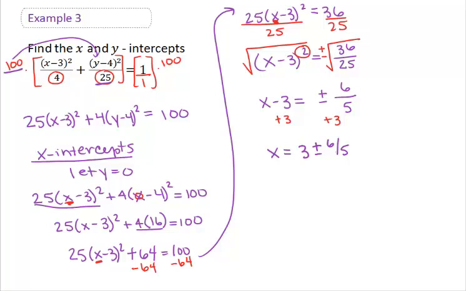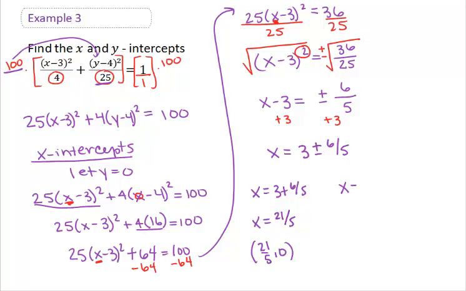Since both of these are rational numbers, meaning whole numbers and fractions, we can actually go further. We have the version of 3 plus 6 fifths, creating a common denominator and adding those together. That gives me the answer of x equals 21 over 5, or my x-intercept is (21/5, 0).